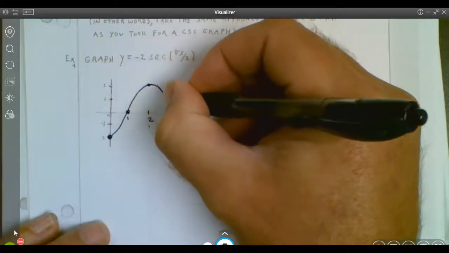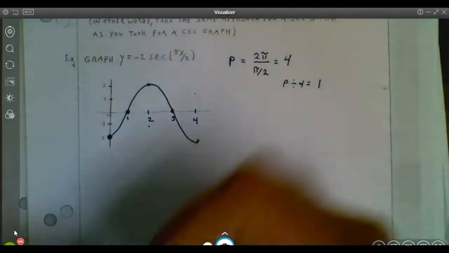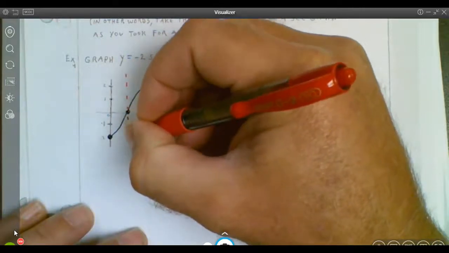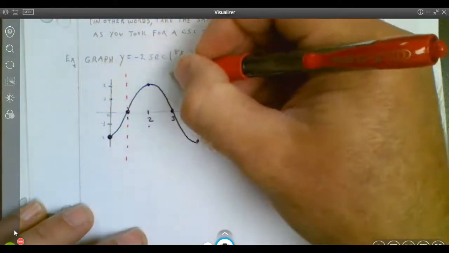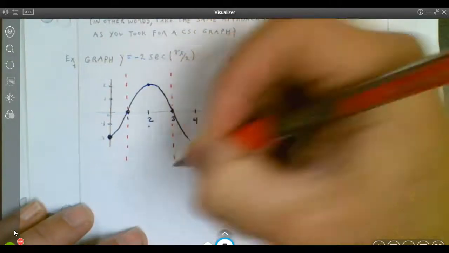Of course, if we're going to do the secant function, just the inverse of cosine, again, my asymptotes will hit the zeros. And I think I'll show you something on this one.